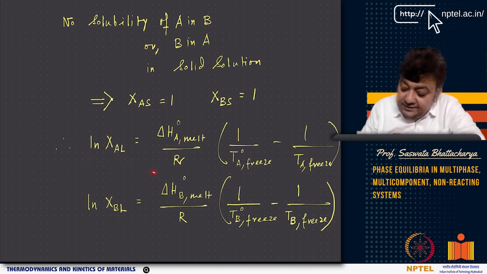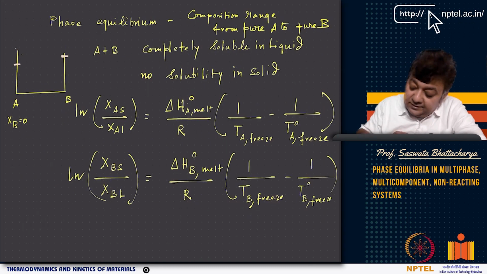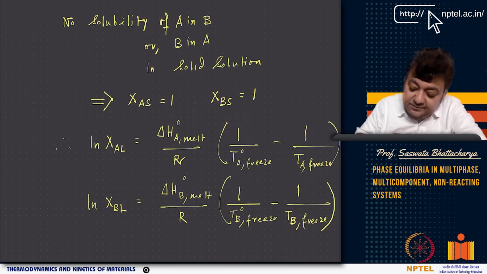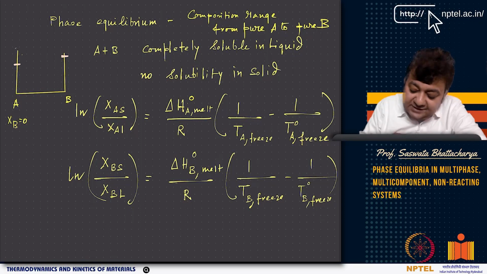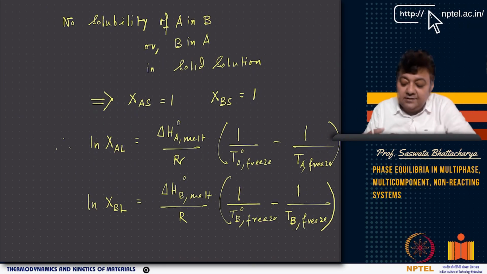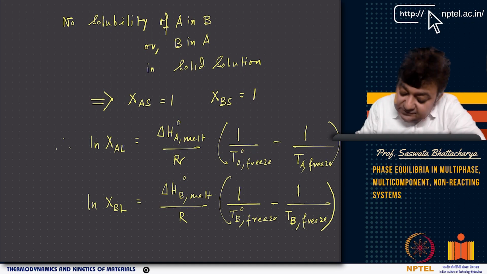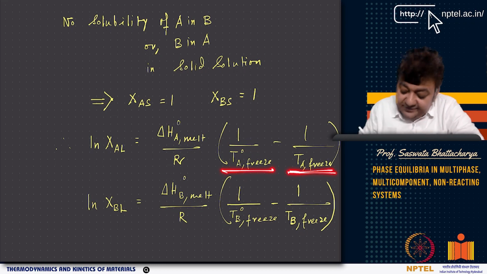And then XAL is this, where TA0 freeze comes in, because now you are looking at XAS, which is basically pure. So ln 1 minus ln XAL. ln 1 is zero, so this becomes minus ln XAL. But then this should be TA freeze minus T0 freeze, but this minus is absorbed here, because this is 1 by TA0 freeze minus TA freeze.